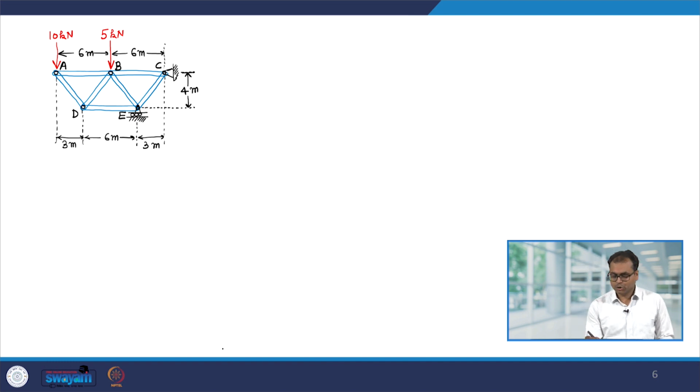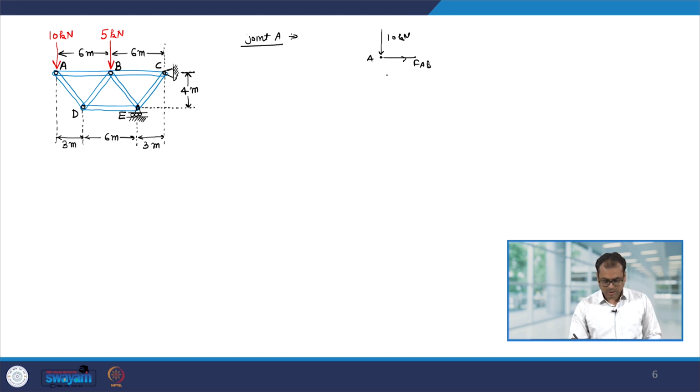Let us look at joint A, the free body diagram of joint A. So, we have point A. On this point we have an external force of 10 kilonewton, then there will be a force along AB and a force along AD.